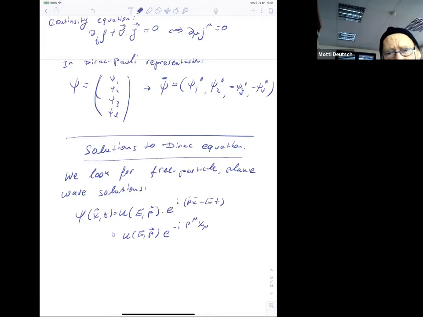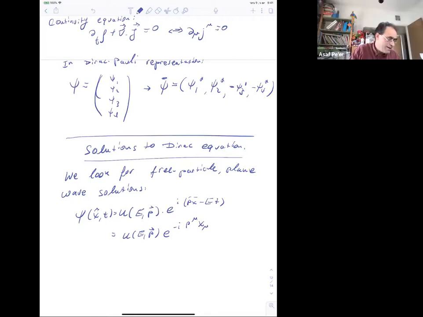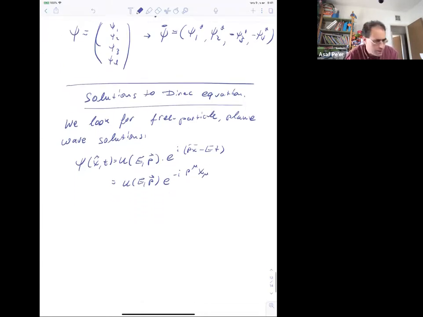Okay. So the u is also called the Dirac spinor in this presentation. When you look at the plane wave solution, sometimes it's referred to as psi and sometimes as u. Of course, psi satisfies the Dirac equation.